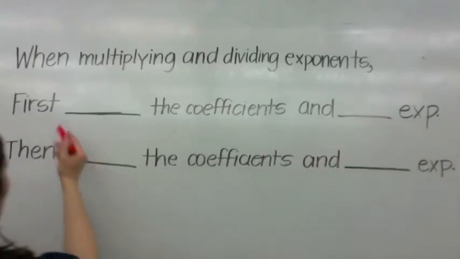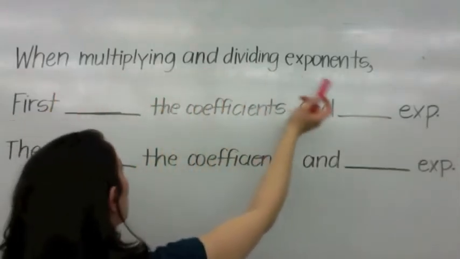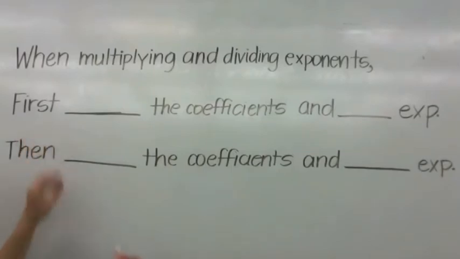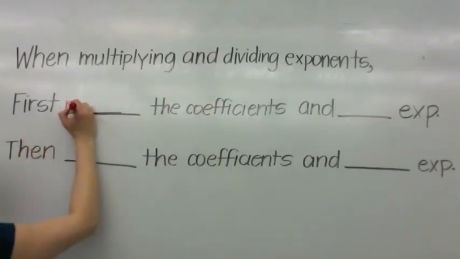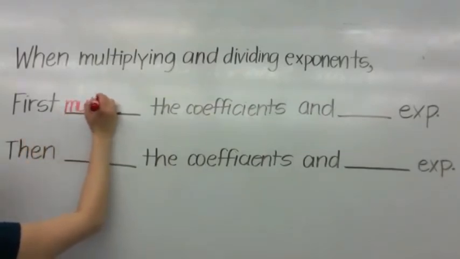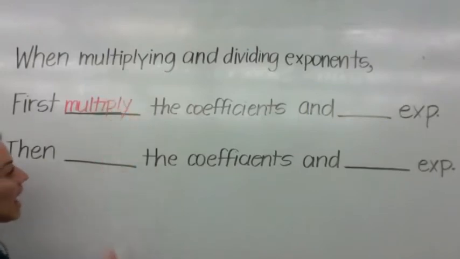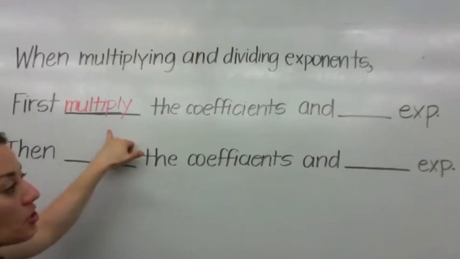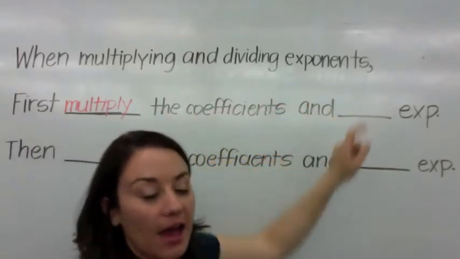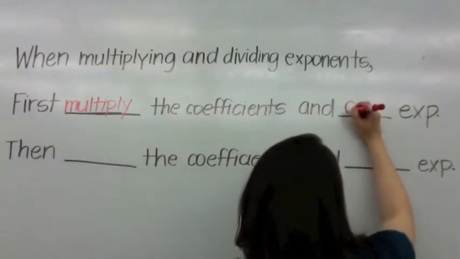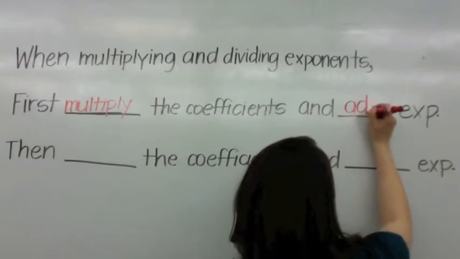So read this with me. When multiplying and dividing exponents, first you have to multiply the coefficients. And when you multiply exponents, you have to add. You're going to add the exponents.